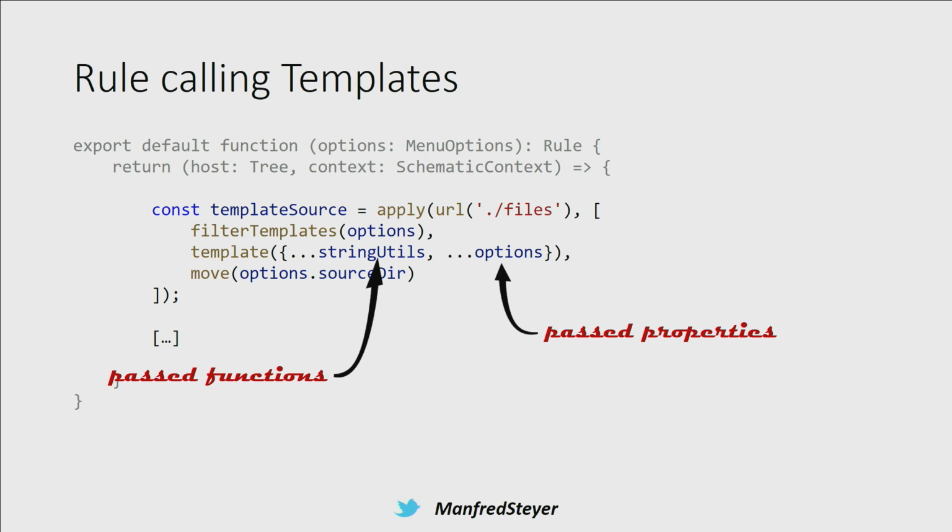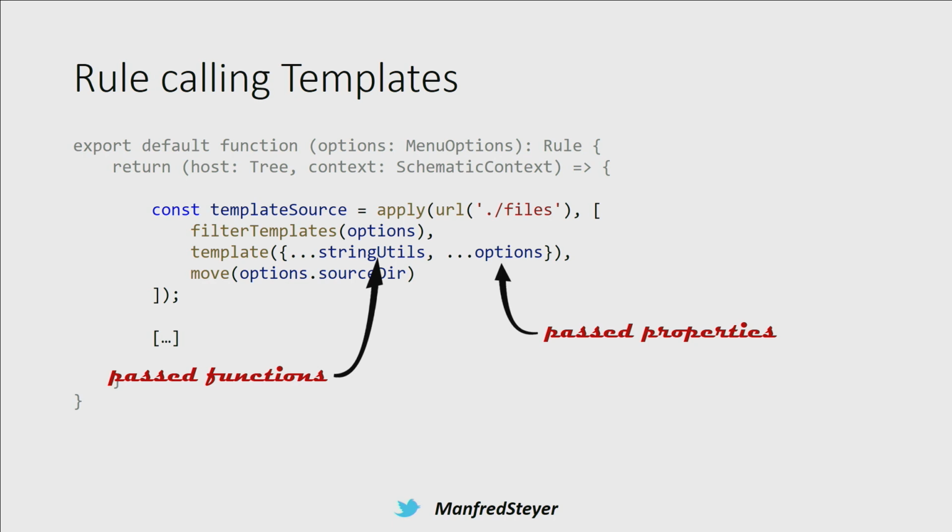And within my string utils, I have all the functions I've called before. For instance, the dasherize function, but also the classify function. One important thing here, I'm using the spread operator, which means that not the options object is passed and not the string utils object is passed, but every property within those objects is passed.